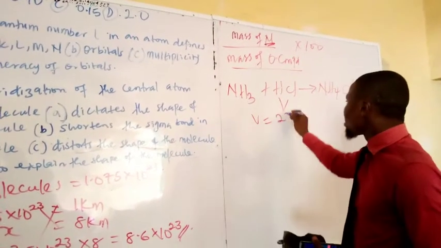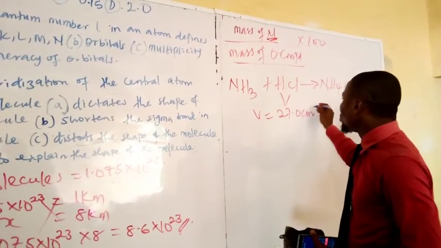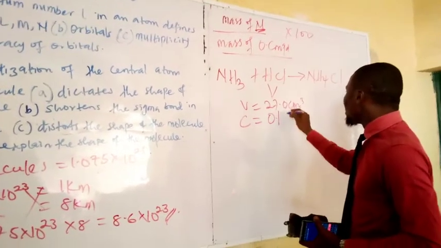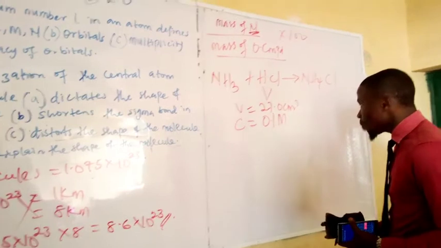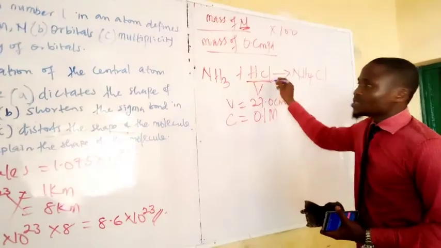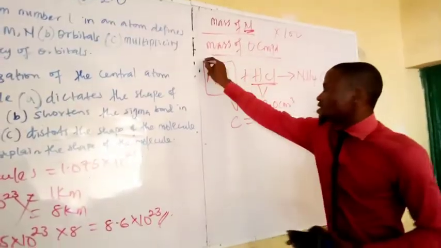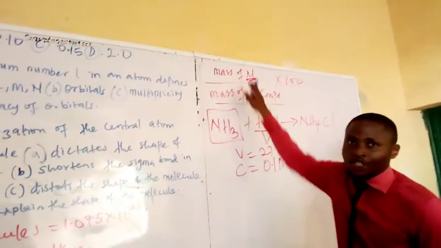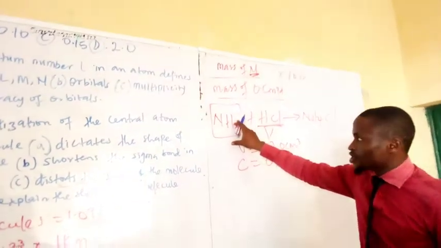The volume is 27.0 cm cube, and the concentration is what? 0.1 molar. We are not in need of this. This is what we actually need. Because if we know this, we can actually get the mass of nitrogen from this. Do you understand?